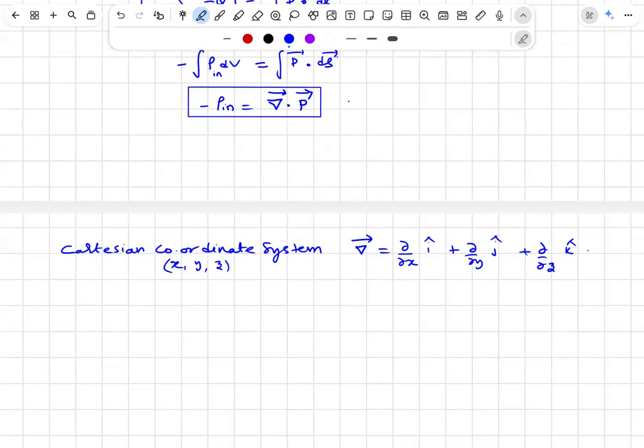When we are using the spherical coordinate system, we use r, theta, phi.